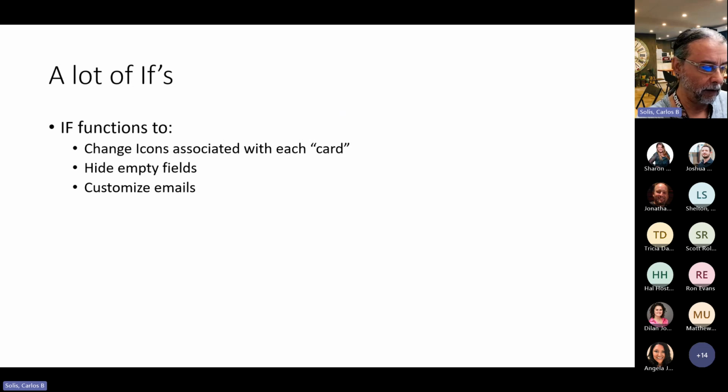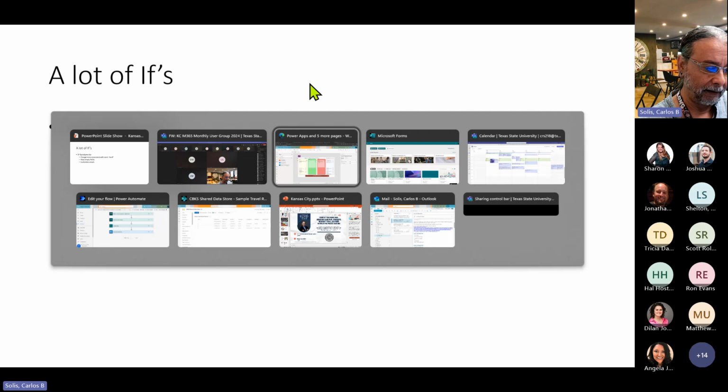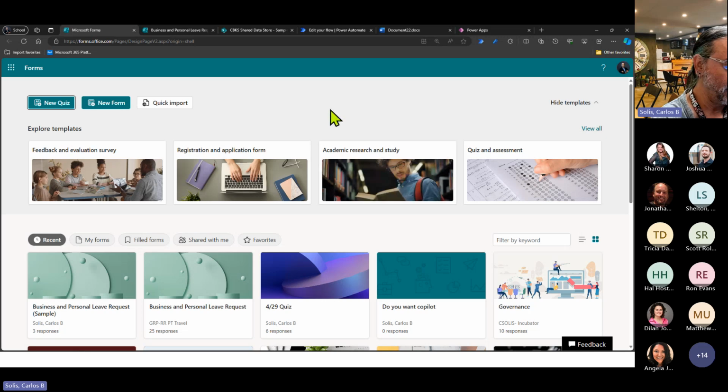But let's take a quick look actually on this thing live, right? So we're going to start actually here. Just a quick point of observation. If you go to Microsoft Forms, you can create a new form here at the top of the page.